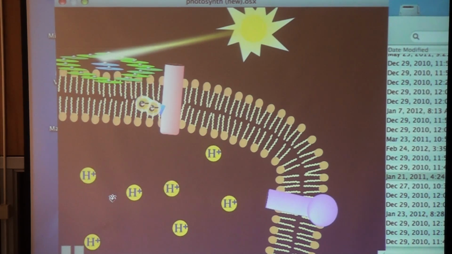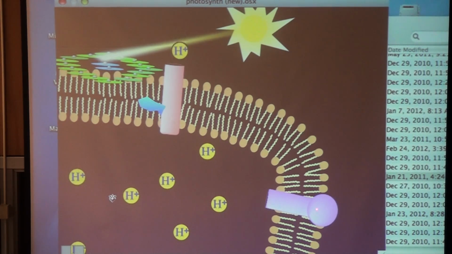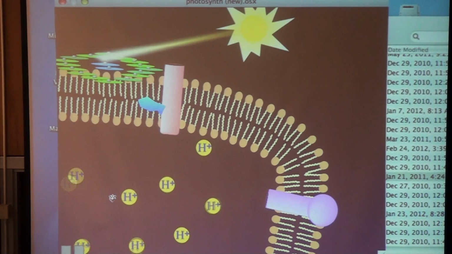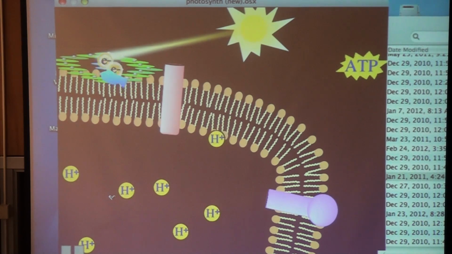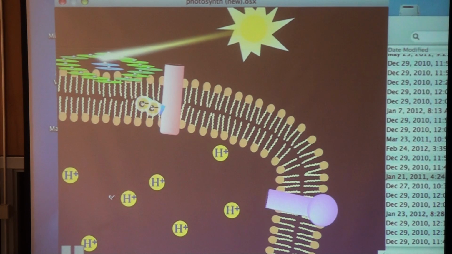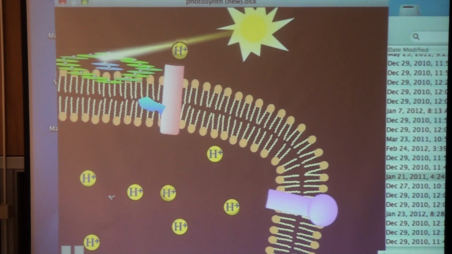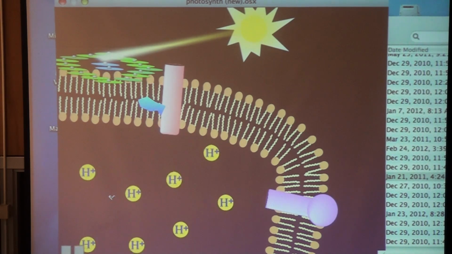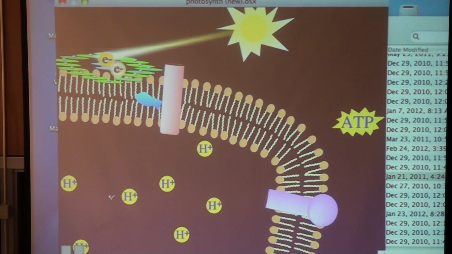In my cartoon here, I just showed the ATP synthase protein as just magically creating an ATP out of nothing, and that's not true. What actually happens is, here's the ATP synthase, it actually grabs an adenosine diphosphate and an inorganic phosphate and, using the energy of the hydrogen ion zipping on through, connects those two together to make an ATP.